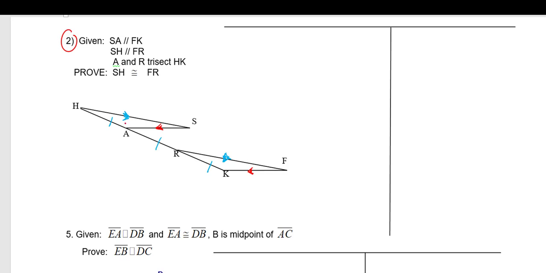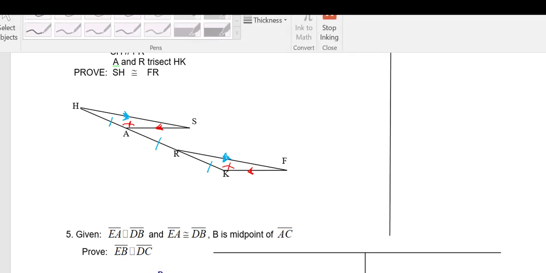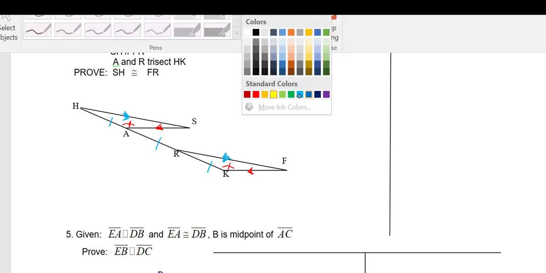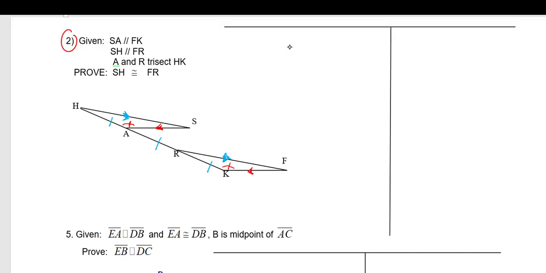And hopefully you can see here that this angle is going to be congruent to this angle here. Those are congruent because of the F shape. So if you can maybe see that if I trace this out here all the way to here, it's going to be a very skinny backwards upside down F shape.